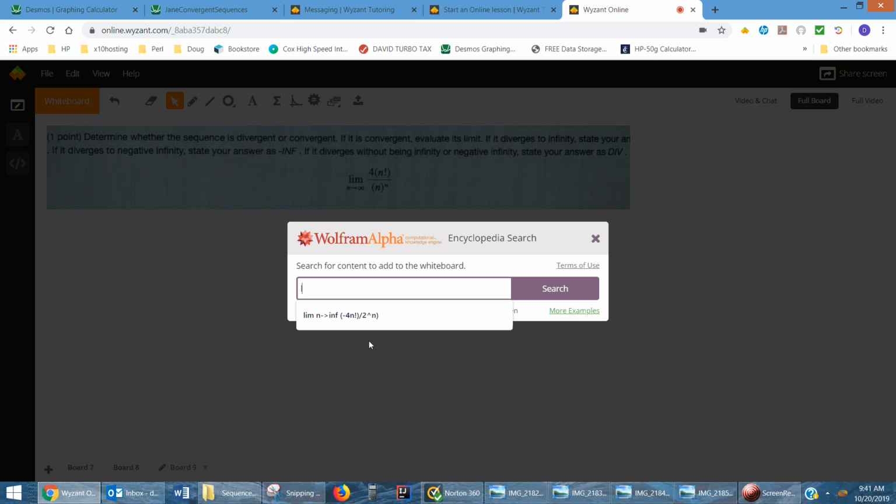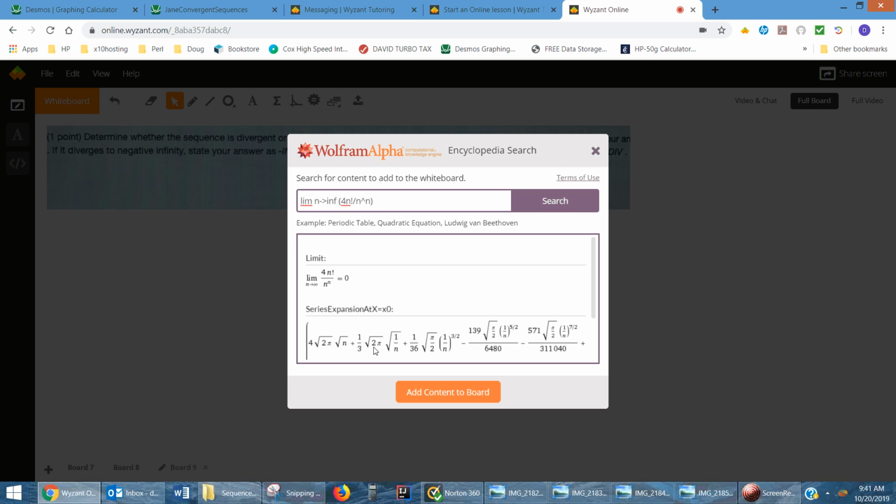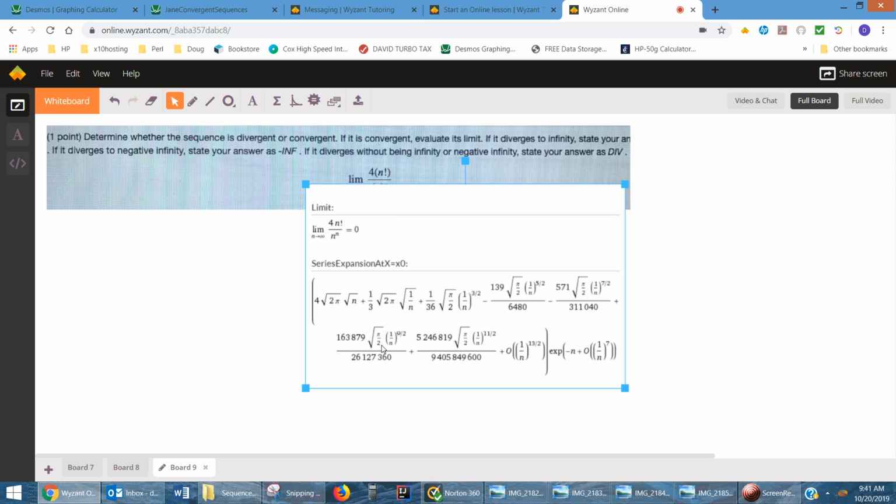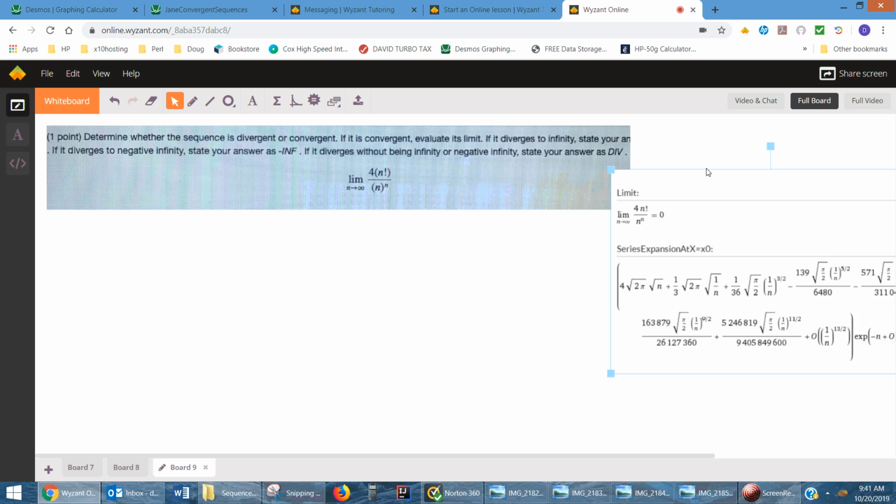Say the limit as n approaches infinity of 4n factorial divided by n to the n. Wolfram Alpha seems to suggest that the limit is 0.